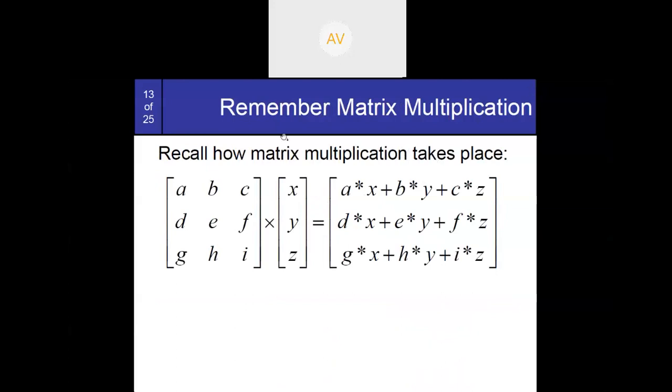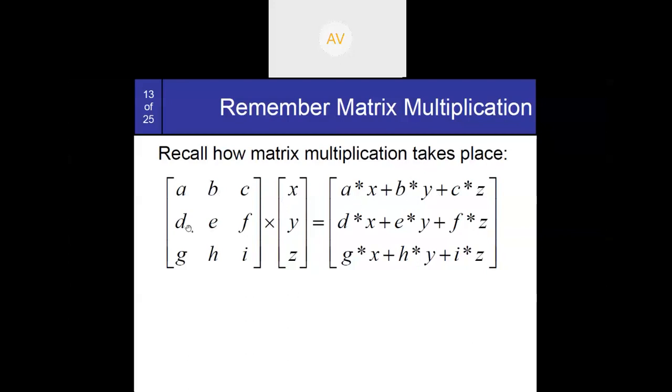Then matrix multiplication, most of you are aware of this, and you have learned this also, so nothing new in that. Just how matrix multiplication occurs. See, first row into column, then second row into column, then third row into column. So a into x plus b into y plus c into z, you will get this value.